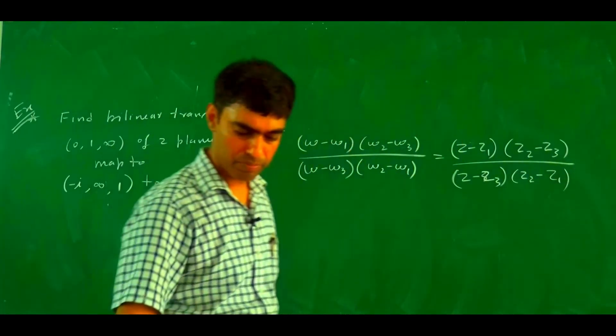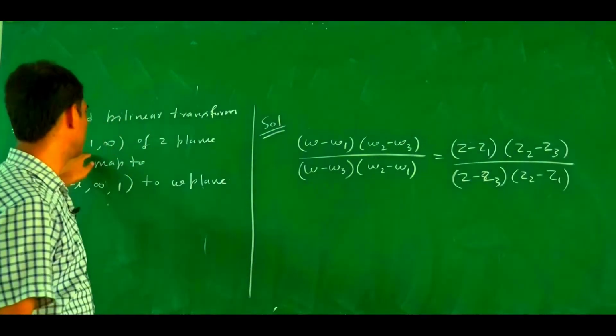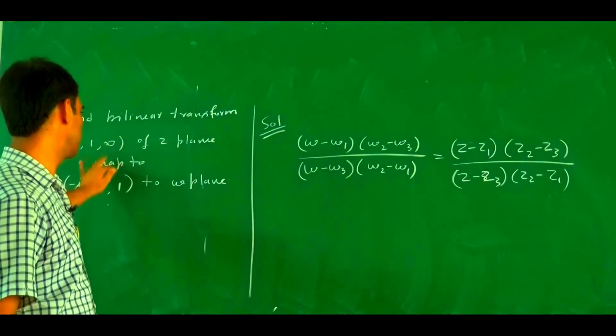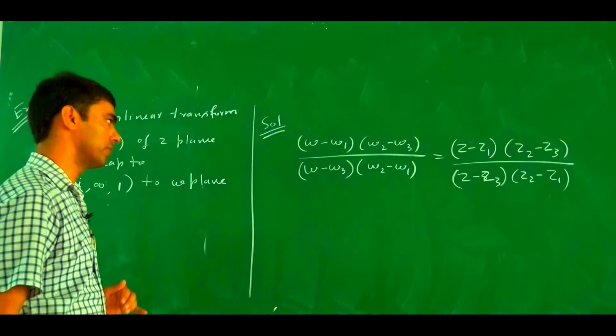It's very simple. Just put in the values of w1, w2, w3 and z1, z2, z3.